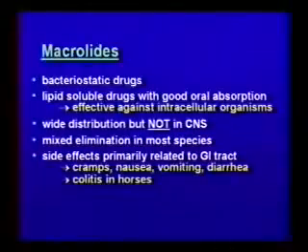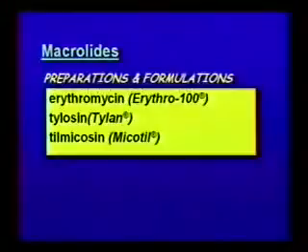The side effects of these drugs are primarily gastrointestinal in nature, and this can be quite problematic, particularly in horses, which can be extremely sensitive to some of these agents and develop a very severe colitis as a result of treatment with macrolide antibiotics.